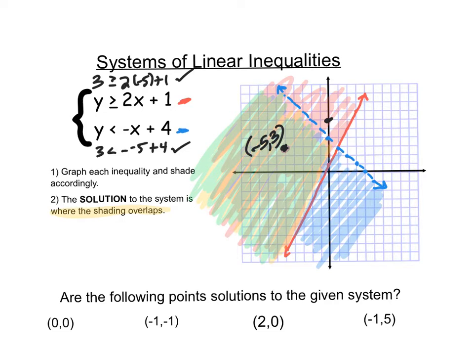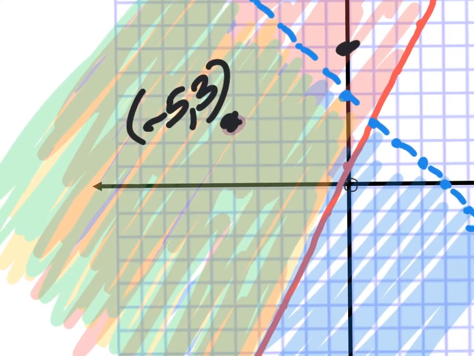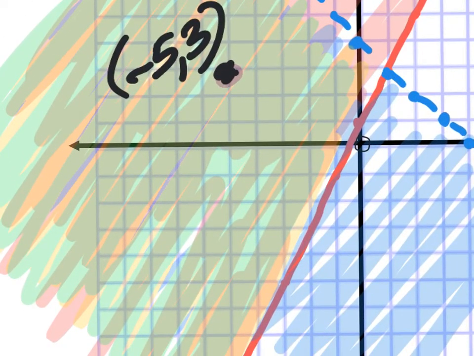Okay, then a question might come up: are these points solutions to the given system? So 0, 0, if I zoom in here, 0, 0 is not included in that overlapping area, so that would be a no. -1, -1, that would be right here.